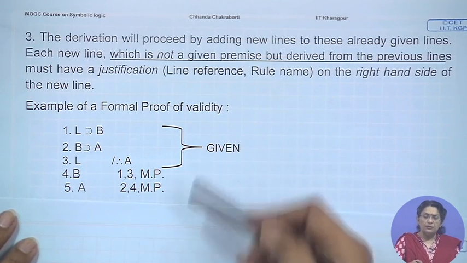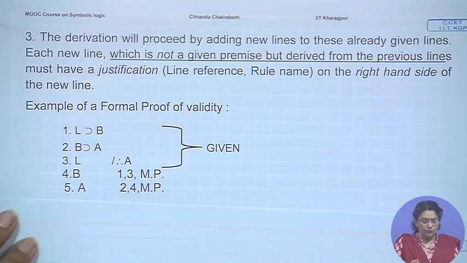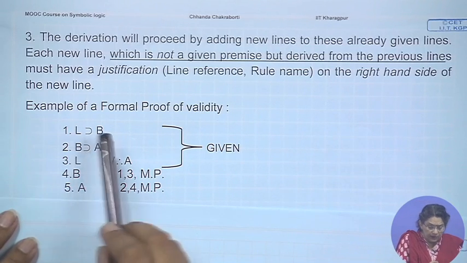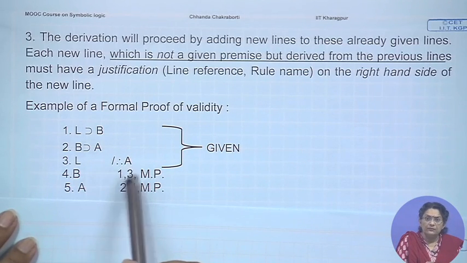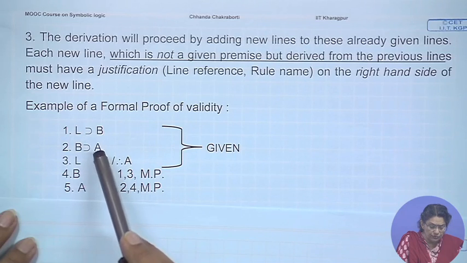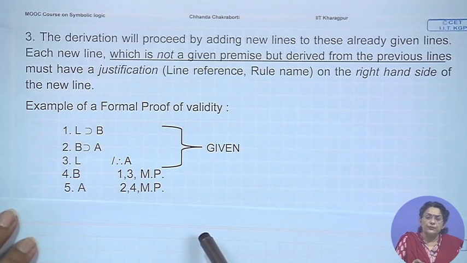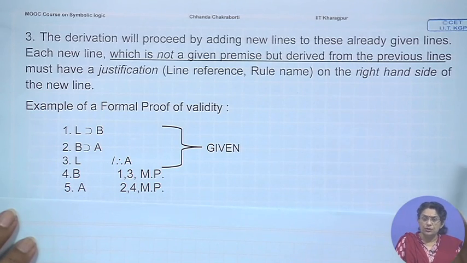So, here is a formal proof of validity. If you just count how many constants you have, 1, 2, 3. So, if you were doing it by the truth table, how many rows would you require? 8 rows minimum, right. You need to do an 8-row truth table.